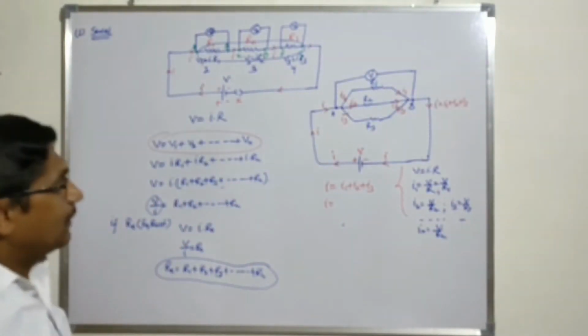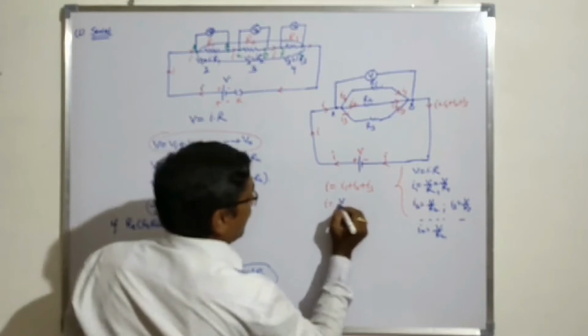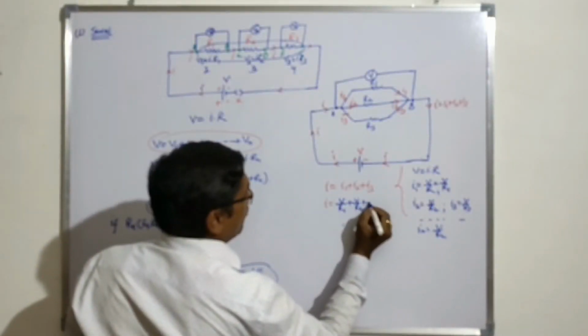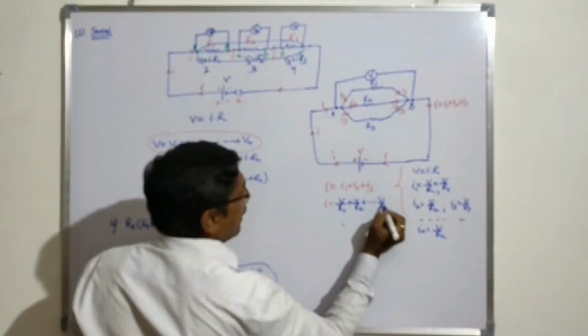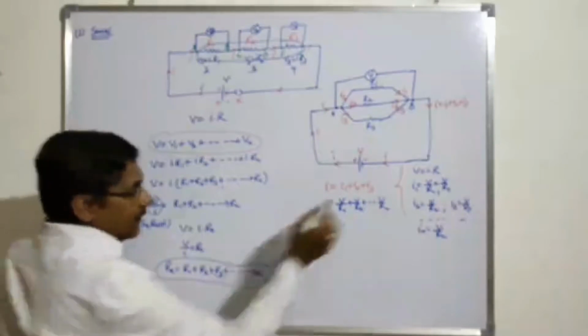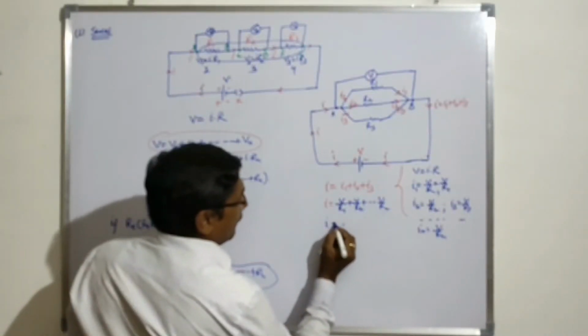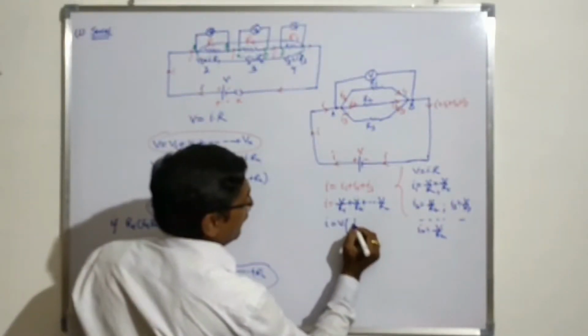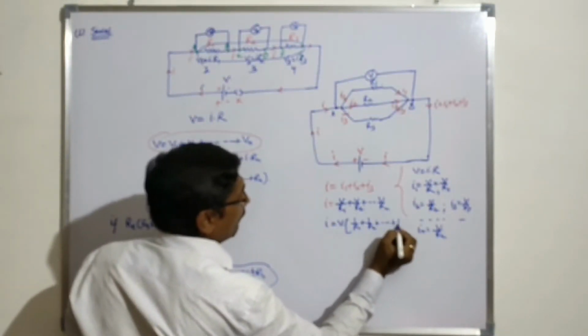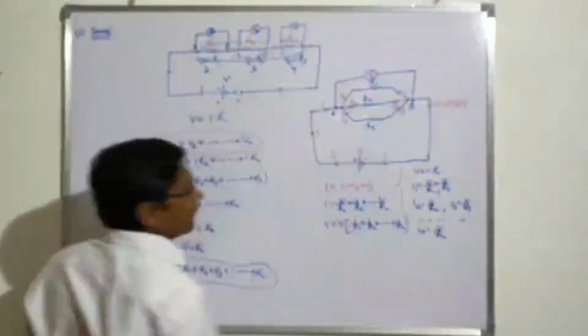Okay. Now we can put here V upon R1 plus V upon R2 plus V upon Rn, up to n. Now we take V common, and we get 1 upon R1 plus 1 upon R2 up to 1 upon Rn.